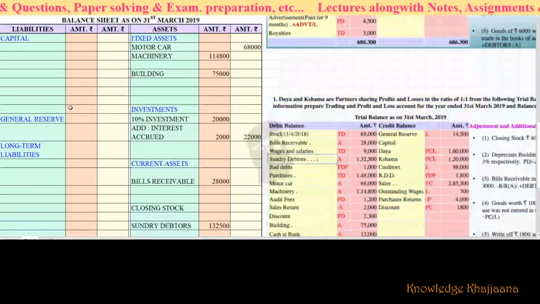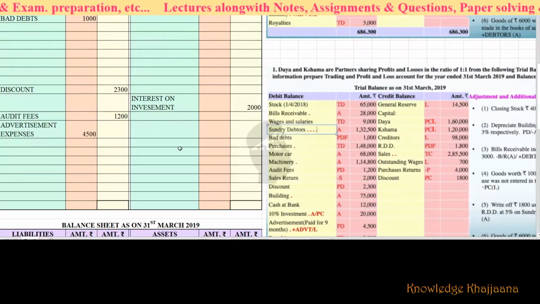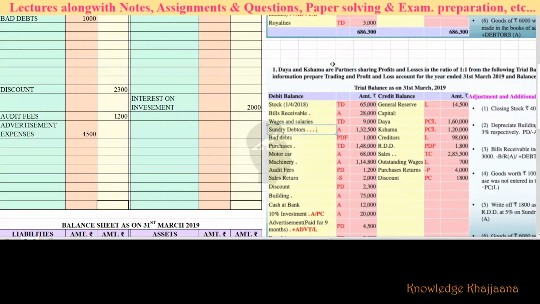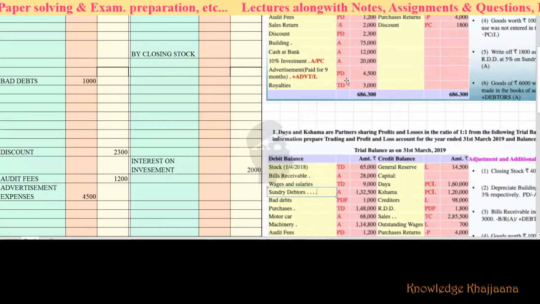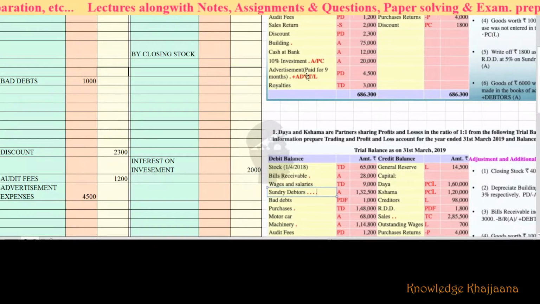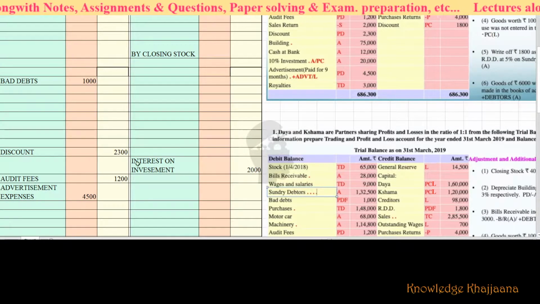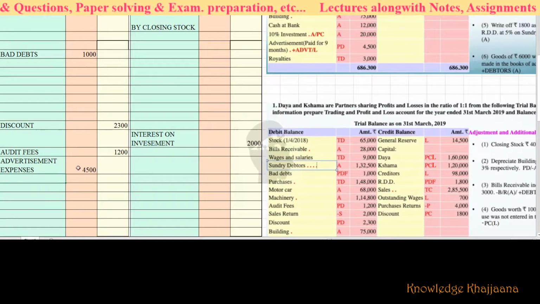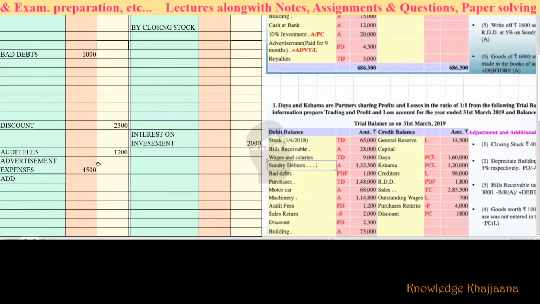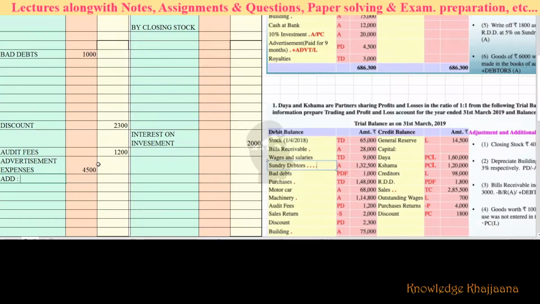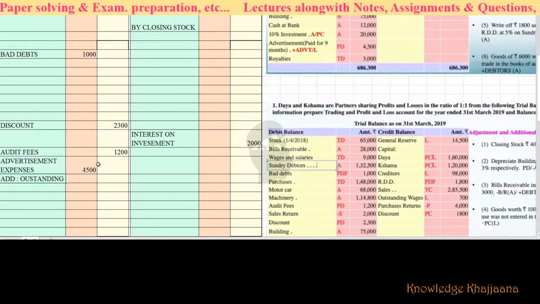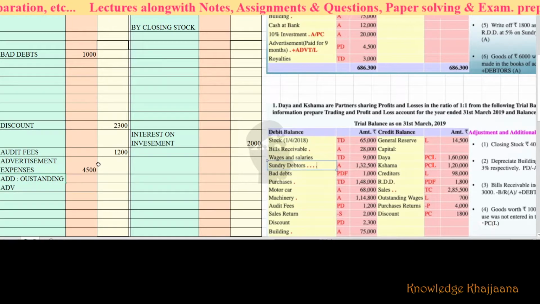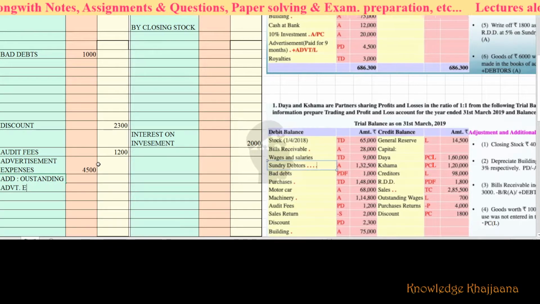Okay, so advertisement expenses 4,500 we have paid, but 3 months advertisement expenses are a liability that we have to pay, and we have to mention 3 months advertisement expenses over here, right? And outstanding advertisement expenses.